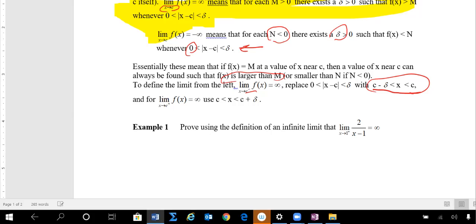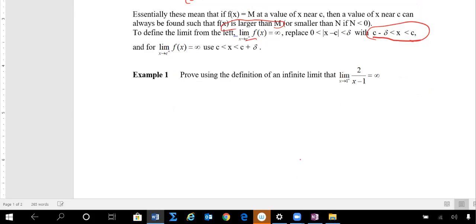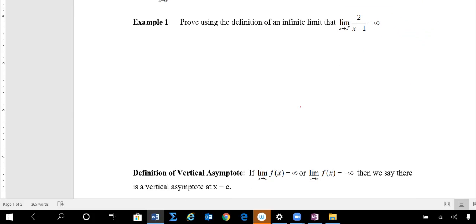All right, let's look at a proof here. For example, a proof problem. Let's just restate this idea. So what does this mean?